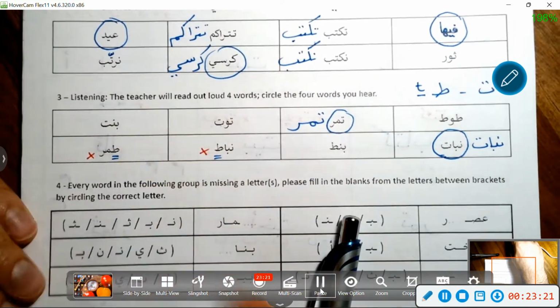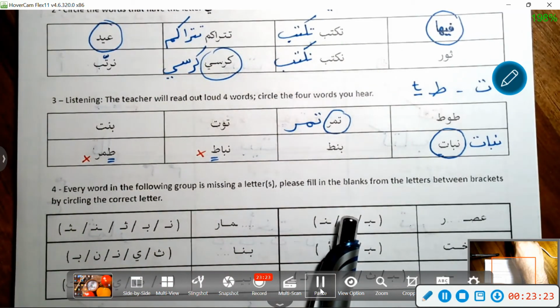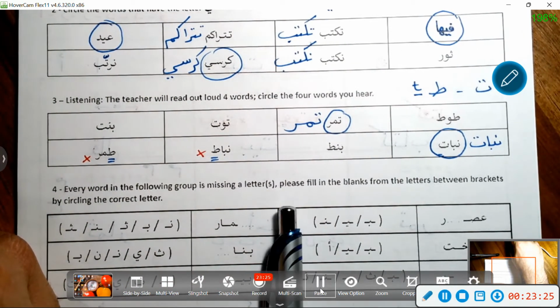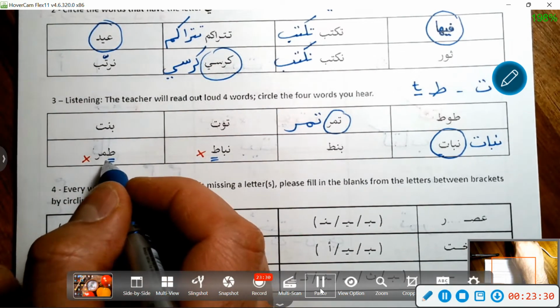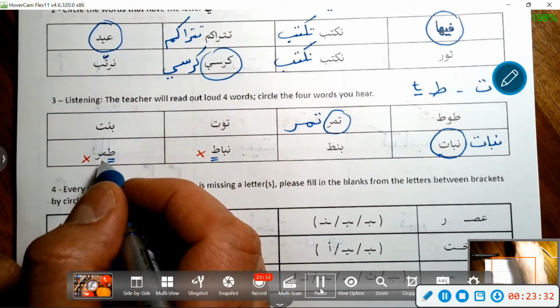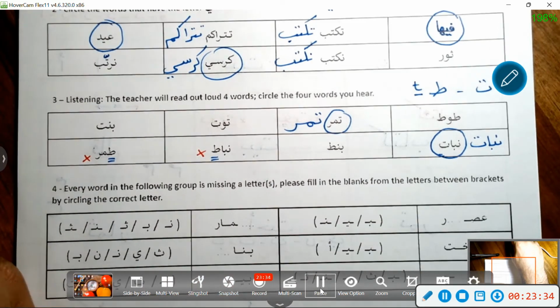And this, usually it doesn't read as tamr, it reads as tamar. Tamar means when you cover something with sand or with anything that you just pour over it and cover it, they call tamar. It means cover in the past tense.